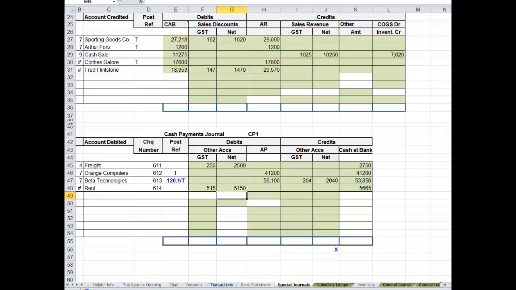Actually I will post that now. You can wait to the end of the month, but this item, because it's an other account and we're going to have a cross down the bottom, we're not going to post it in total, so we need to post it separately. So I need to go to the general ledger and post it now.